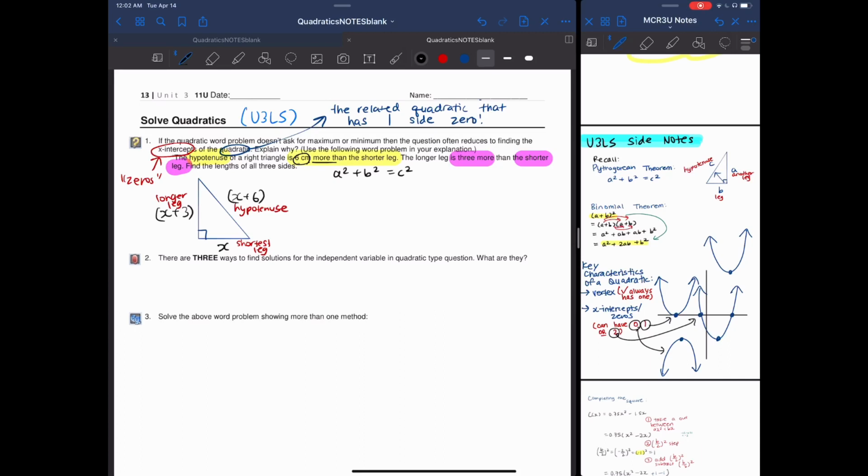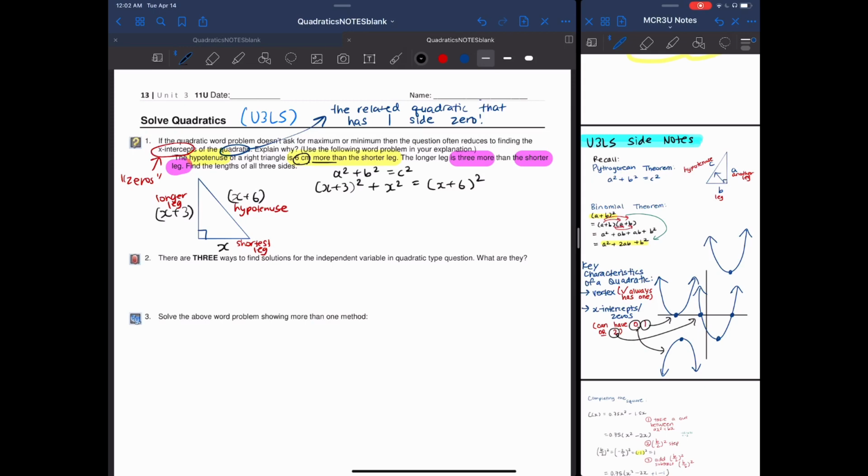So let's plug in. Let's say a is the longer leg, so I have (x plus 3) squared. If you don't use the brackets, you're not going to distribute properly and you might get it wrong. Plus x squared equals (x plus 6) squared.